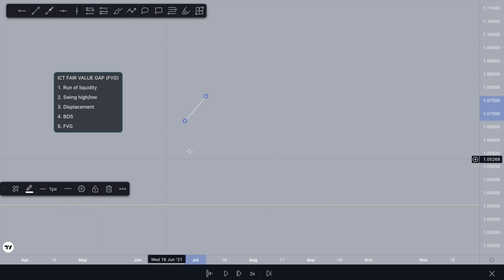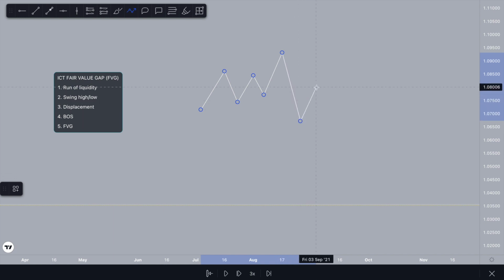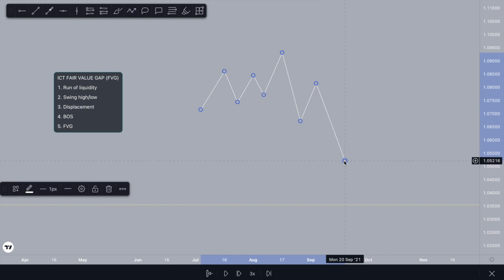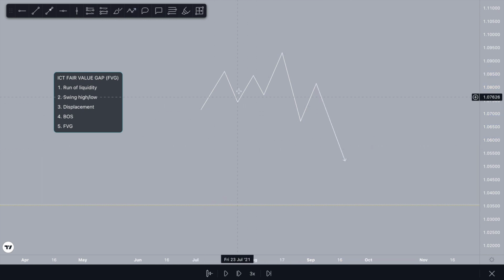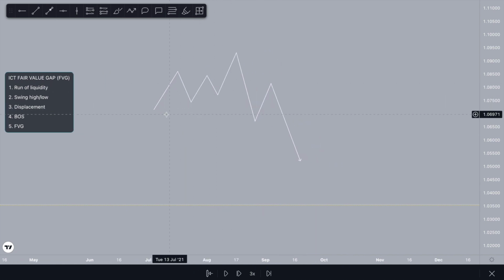Basically we have a high, and then we have this, then we have this. Then we have that new high, then price will go down, price will reverse. Let's assume this is the price movement on a particular day.